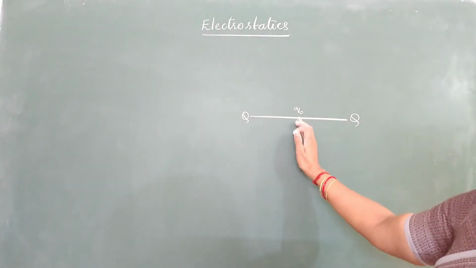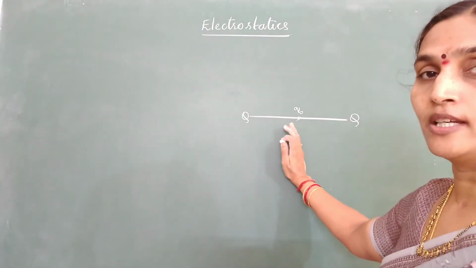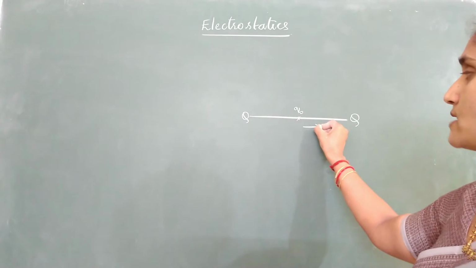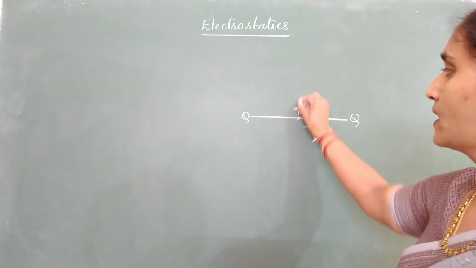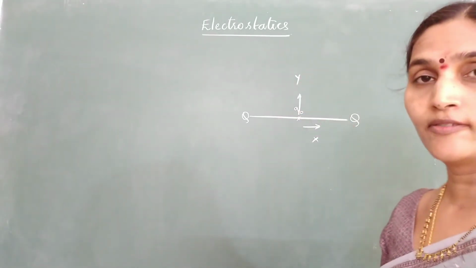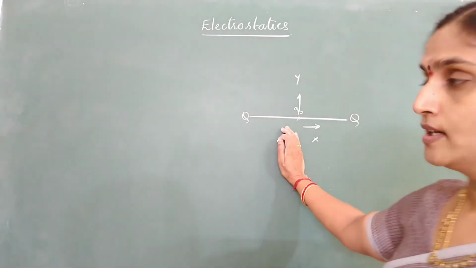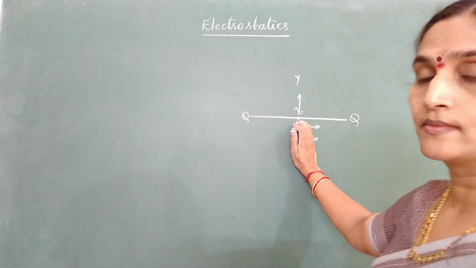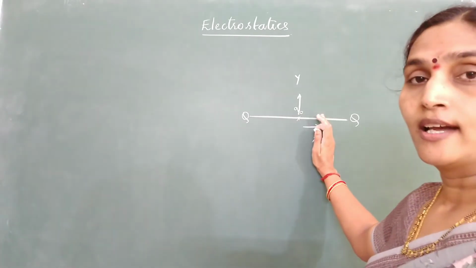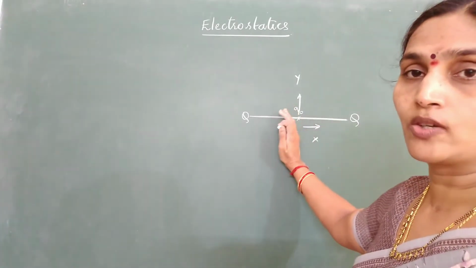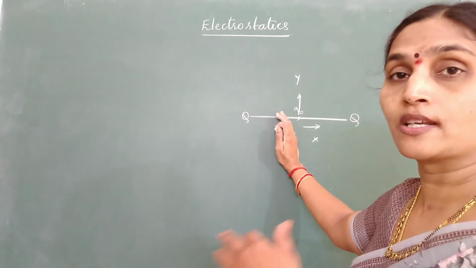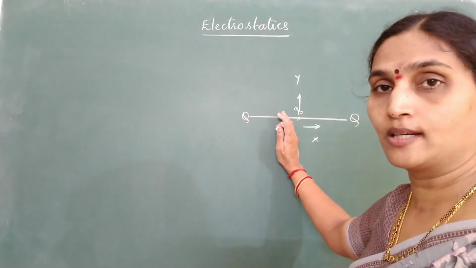So is the charge in stable or unstable equilibrium when you displace along the x-axis and when you displace along the y-axis? When do you say a particle is in stable equilibrium? It will be in stable equilibrium if you displace the charge and there is a force to bring it back to its initial position. That means there should be a restoring force.